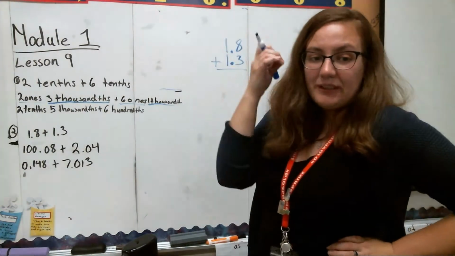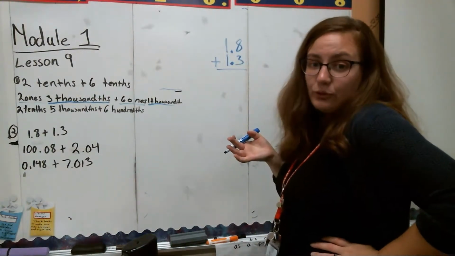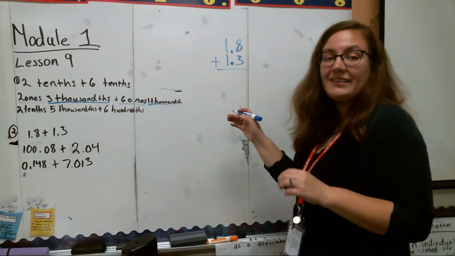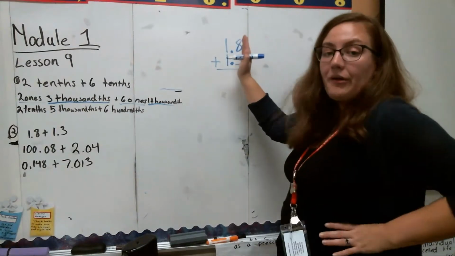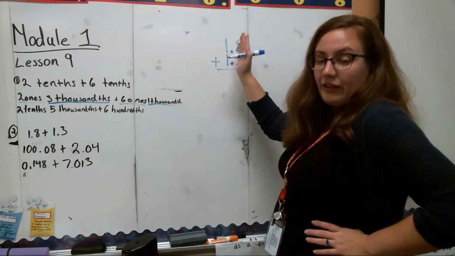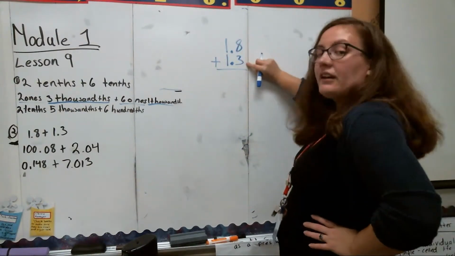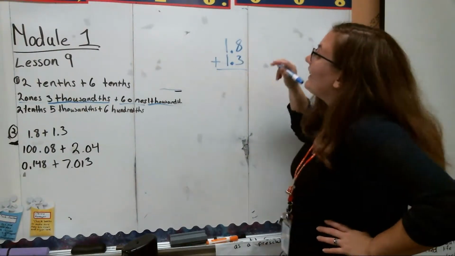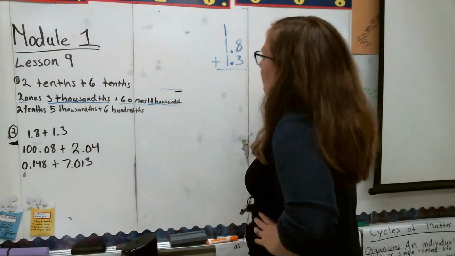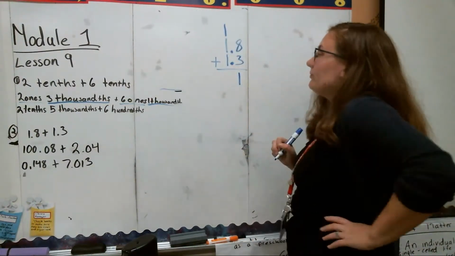And this is probably similar to how you may have added before in the past, so this shouldn't be as difficult as the unit form we did earlier. So remember, we always start all the way to the right. So I have 8 plus 3, and this is a situation where I'll have to regroup because 8 plus 3 is 11, so I carry the 1, and I leave that other one.